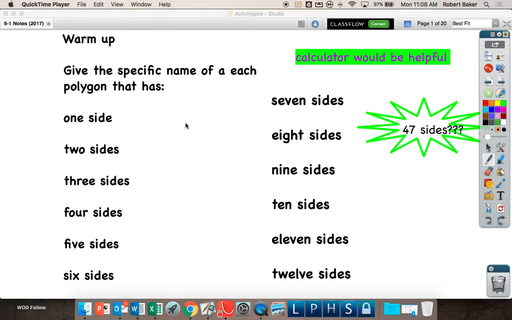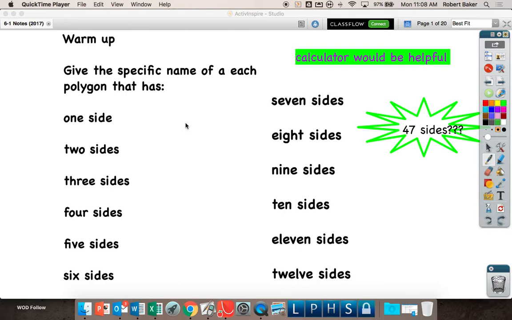So hepta or septa is what we call 7. A little bit of flavor there for you. 8 sides. Octagon. 9 sides. Nonagon.